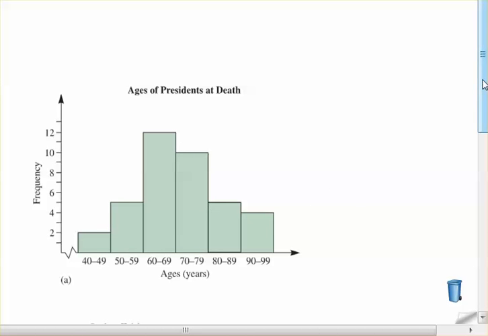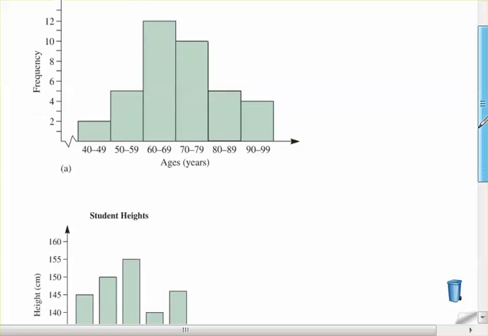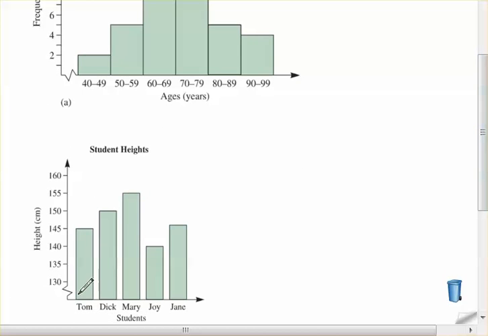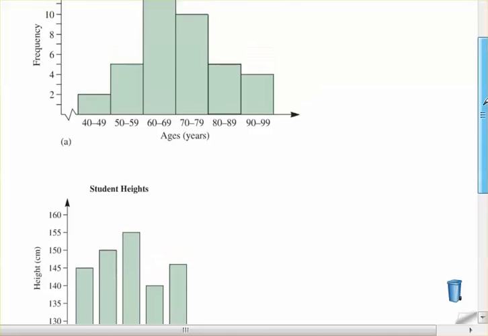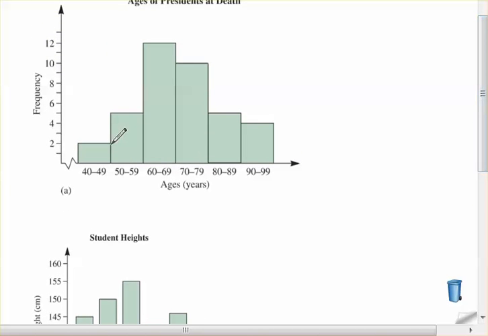And in fact, let me go down here, and you can see this is actually a bar graph or a bar chart. The only difference between the two is a histogram, there is no space in between each one of the bars. That's what makes it a histogram.